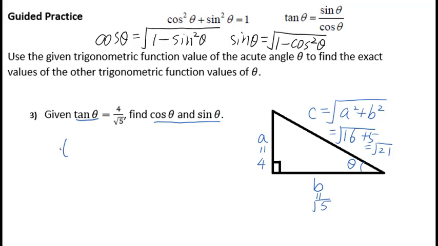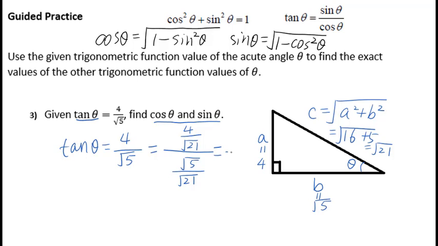In other words, when you have tangent theta equals 4 over square root of 5, you can make both divided by C. So you get 4 over square root of 21 and square root of 5 over square root of 21.